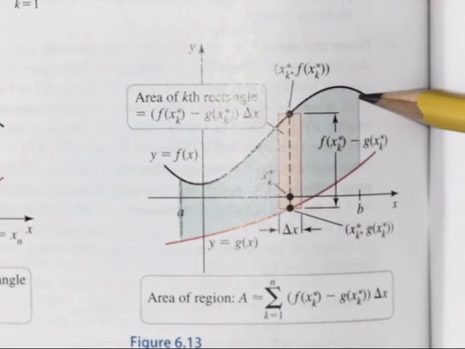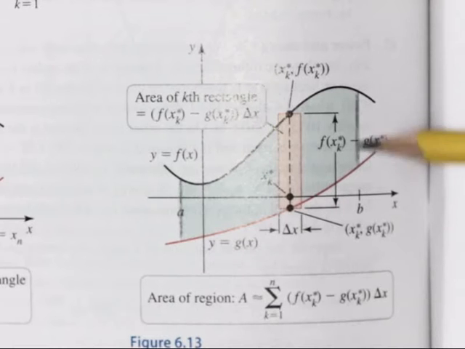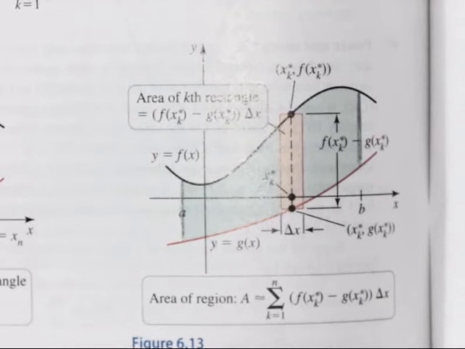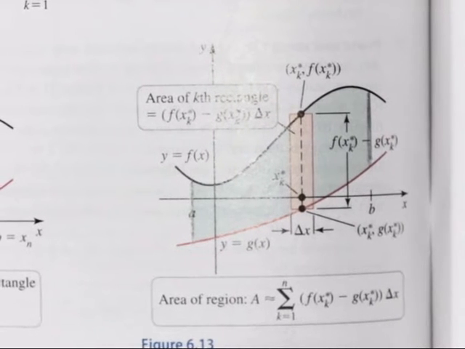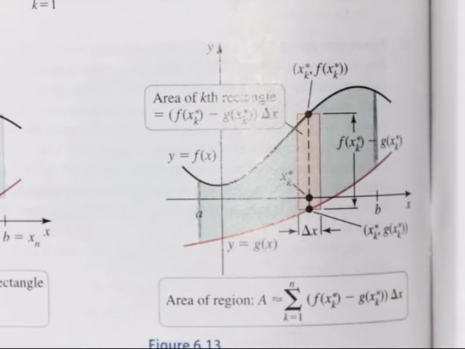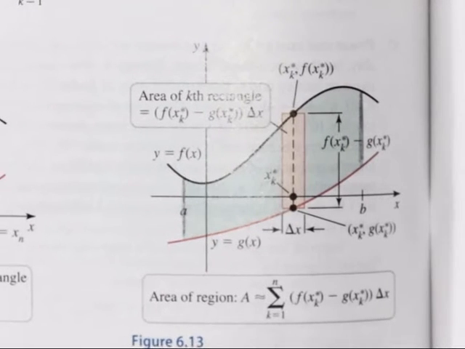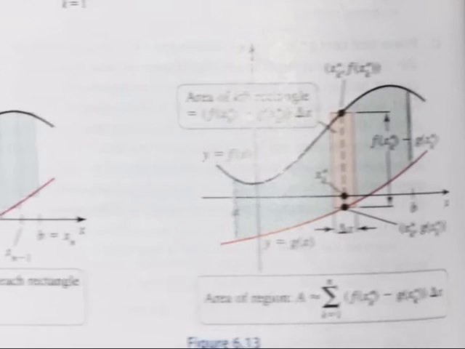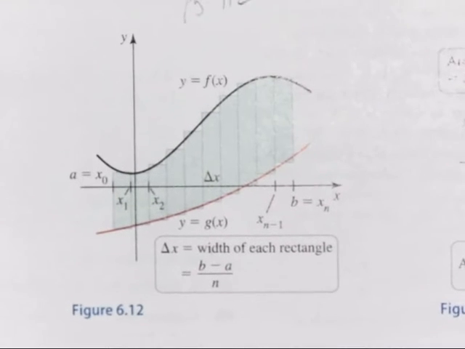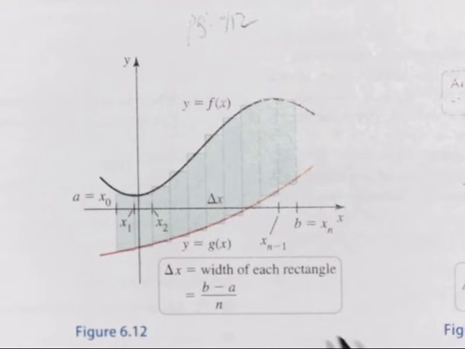B is the rightmost boundary for the shaded region between the curves. So that's the stopping and starting point in terms of the x-axis for the shaded region.